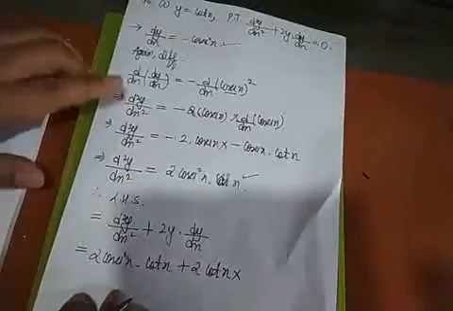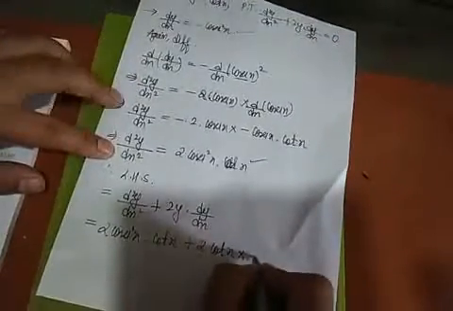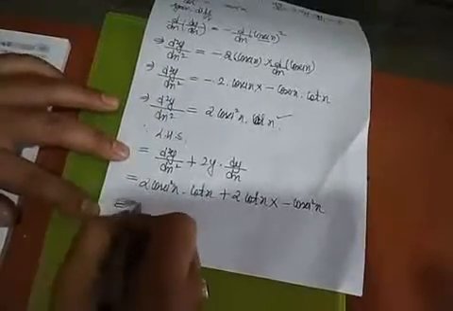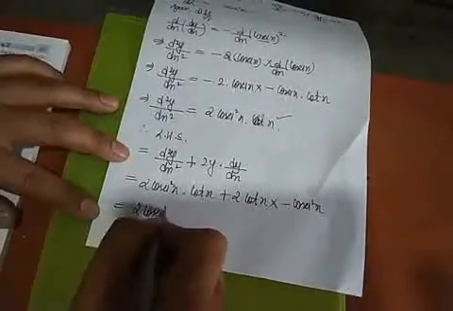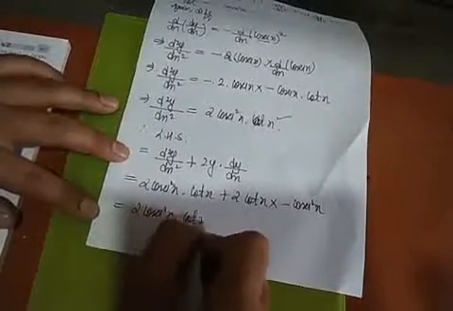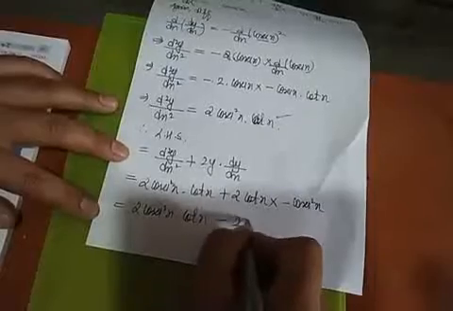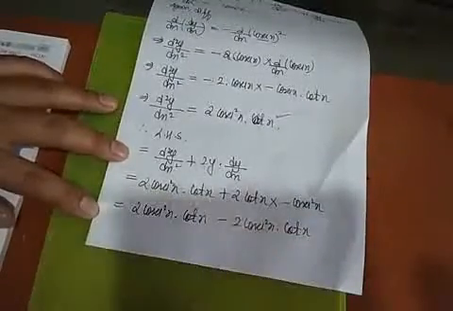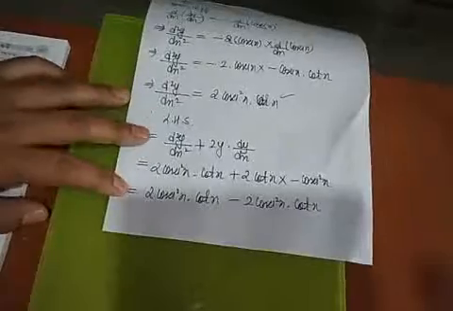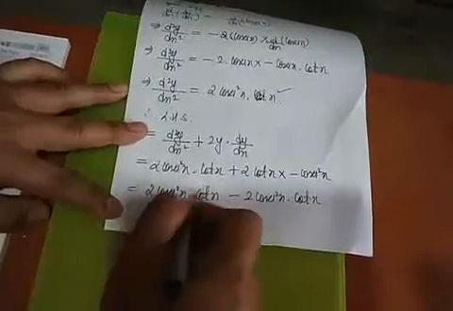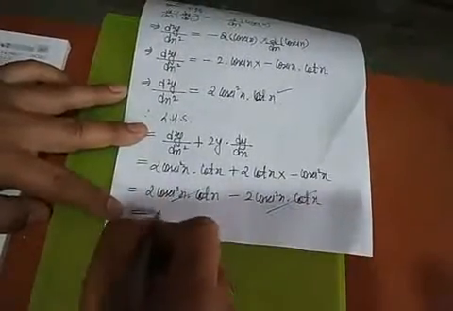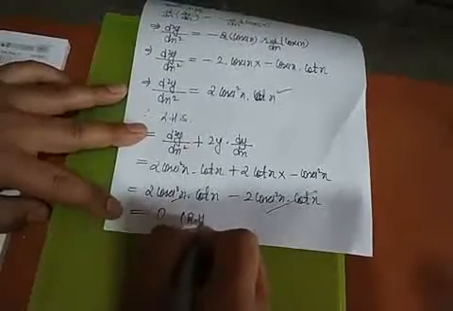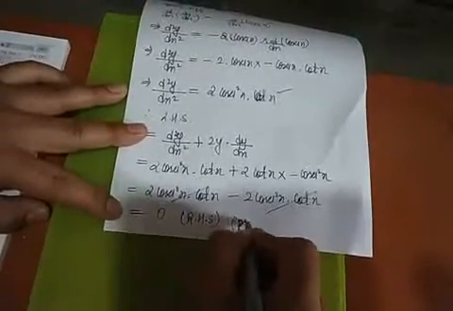What was the value for dy by dx? Minus cosec square x. I hope you're getting the idea now. Cosec square x into cot x, plus and minus minus 2 cosec square x into cot x. So two equal terms with different signs easily cancel out, and hence it equals 0, which is our right hand side as well. So hence we are proved.